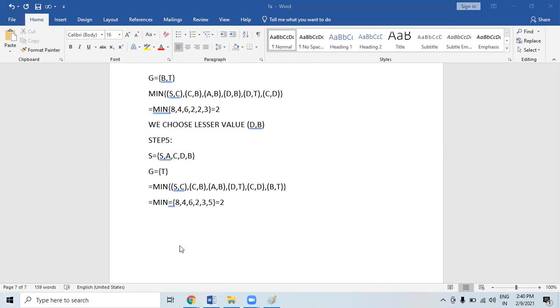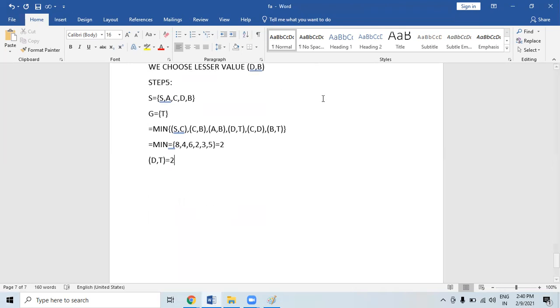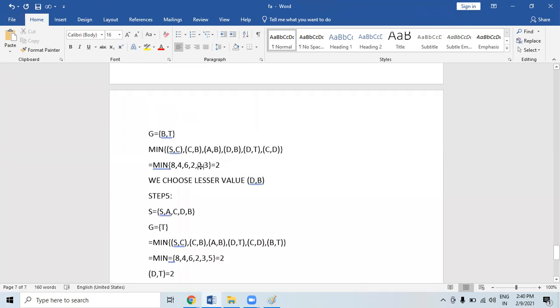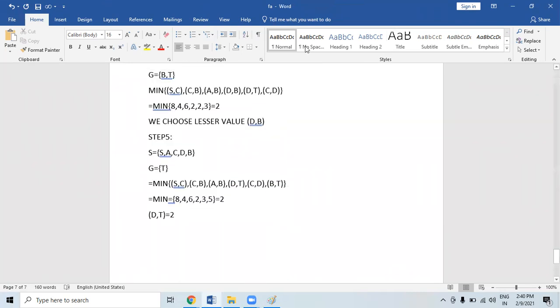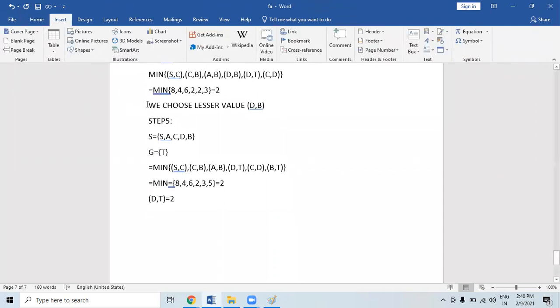The edges, which one? dt, that is 2, meaning first we have chosen the edges. We don't want to skip, but we went in alphabetic order, so that's why we again increase our step here, because we have to choose the dt also, right? In this diagram, we have to choose the minimum value. So these edges have two minimum values, equal, that is 2 and 2.